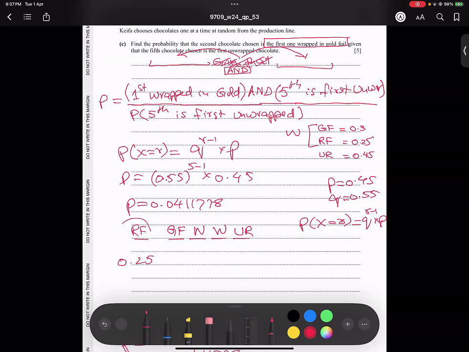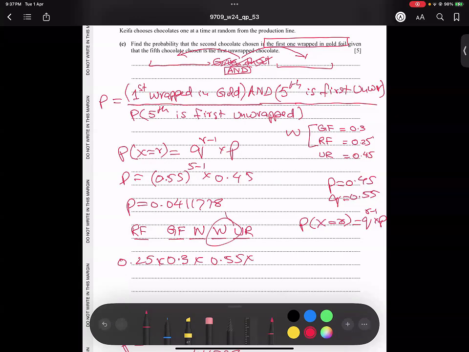So let me write once again so you people can understand. This is the first red foil. Second is gold foil, which is on the top, 0.3. And then wrap comes together, so we will take not gold, not the one, but both together. So both together becomes 0.55, and again both together 0.55.